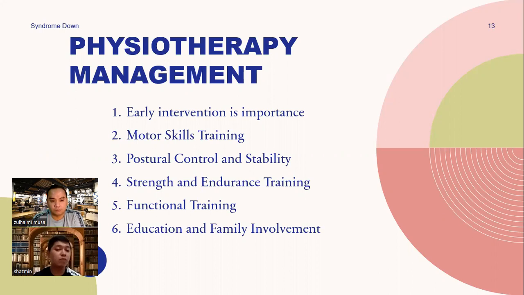The third one is postural control and stability. The fourth one is strength and endurance training, functional training, and education and family involvement, because family or carer involvement is important for them to gain their motor skill, balance and coordination.